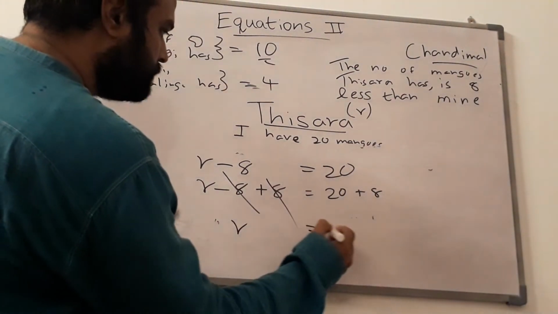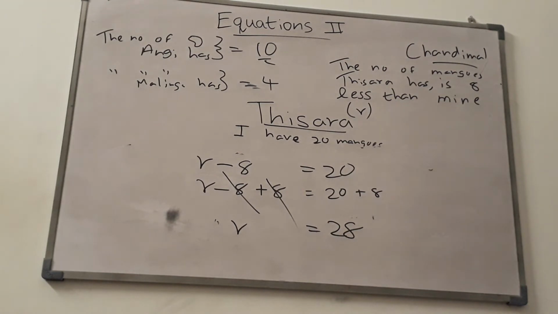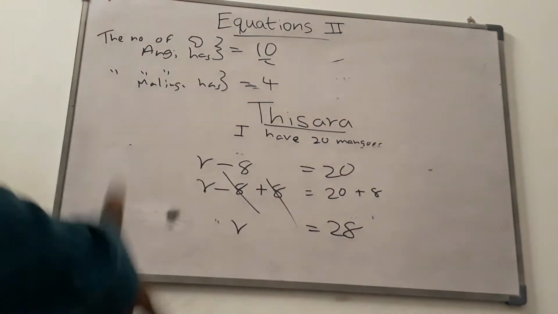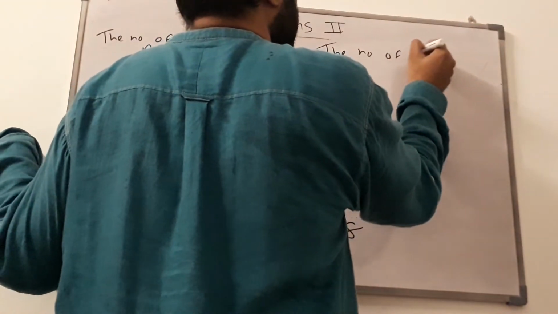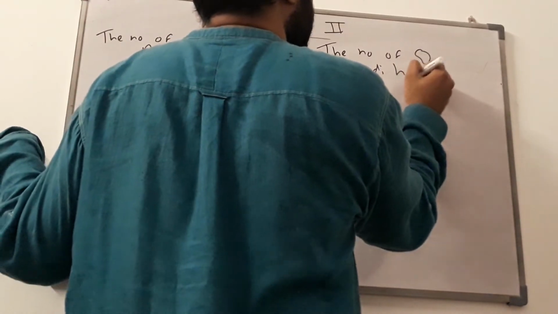So R becomes 28. So the number of mangoes Chandimal has, which is equal to R, is 28.